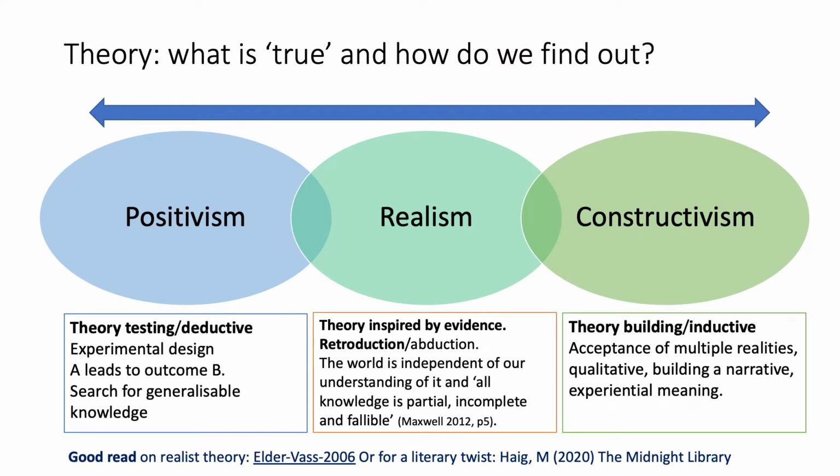Let's just revisit the continuum of what knowledge is and how do we find out what's true or not true. So we've got constructivism at the far right, the acceptance of multiple realities, usually qualitative design. And we've got positivism, think randomized control trials on your far left, where if you do A, you get outcome B. So nice and cut and dried.